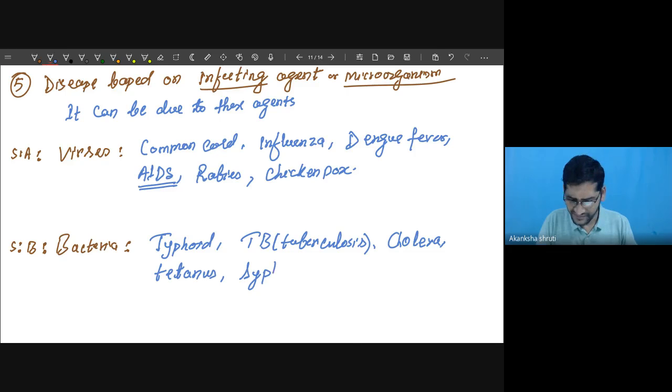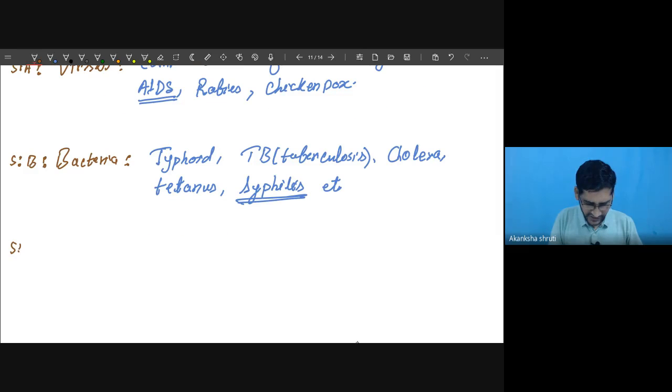Syphilis is bacterial. Okay, this is it. These are enough for you. Let us come to the third category. The third category may be fungal or maybe protozoal.